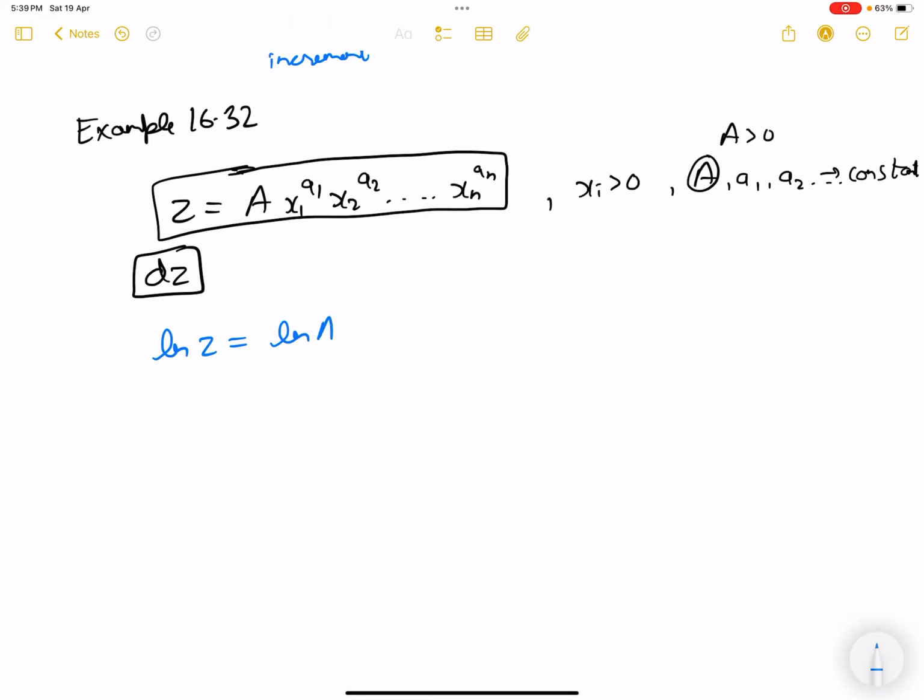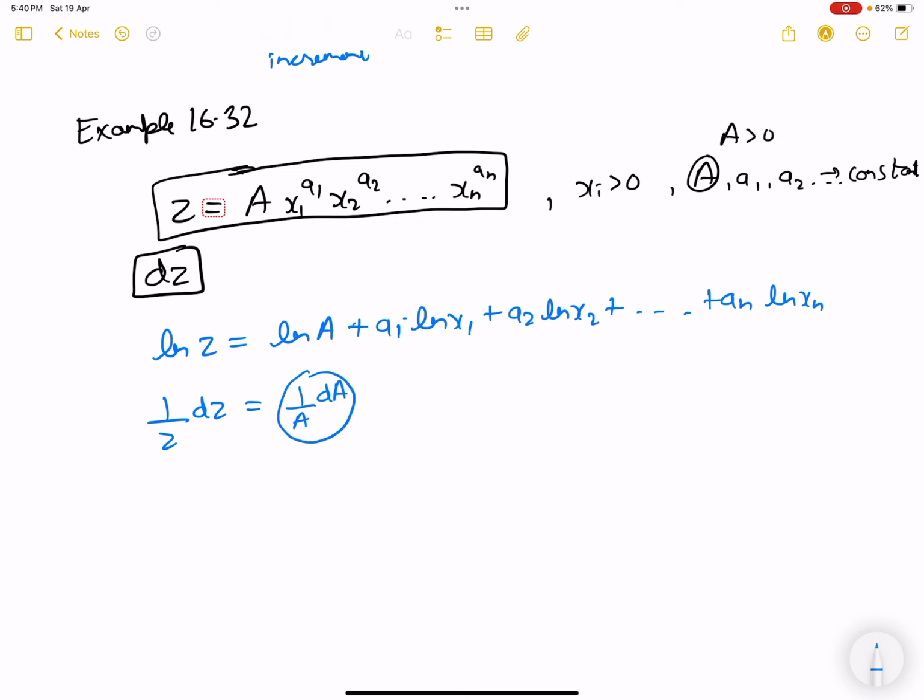तो natural log ले लिया both sides, a1 log x1 plus a2 log x2 plus an log xn. So अब इसको अगर हम डिफ्रेंशिएट करें, this becomes 1 by z dz equals to 1 by A dA. So this would become 0. This term would become 0 because A is a fixed number.